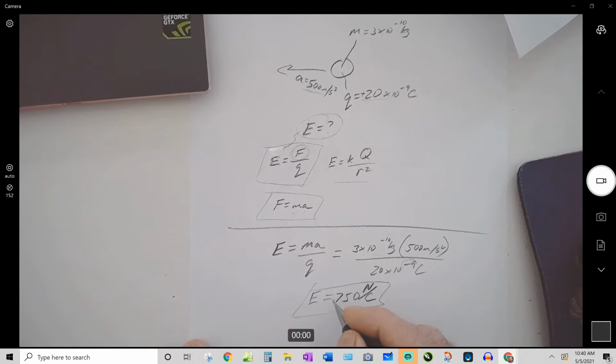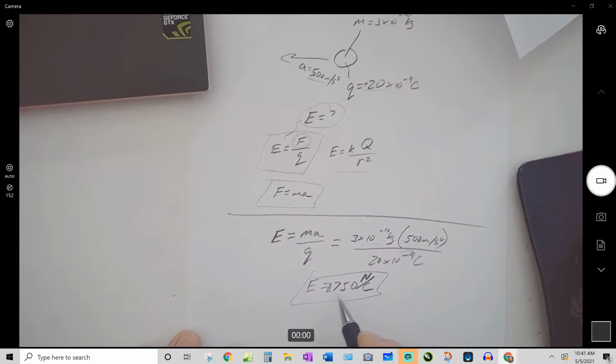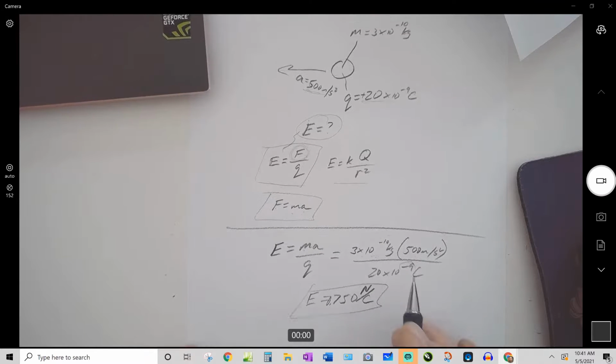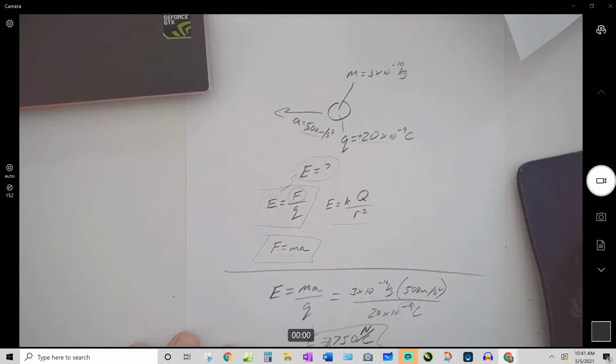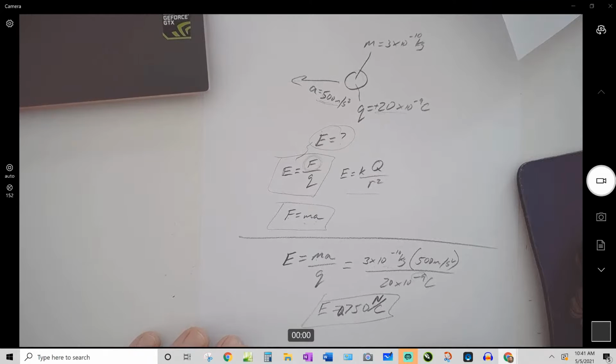So it should be 0.75 newtons per coulomb. But now the question is, what's the direction? So think about that. If you haven't written down a direction yet, figure out the direction for this.